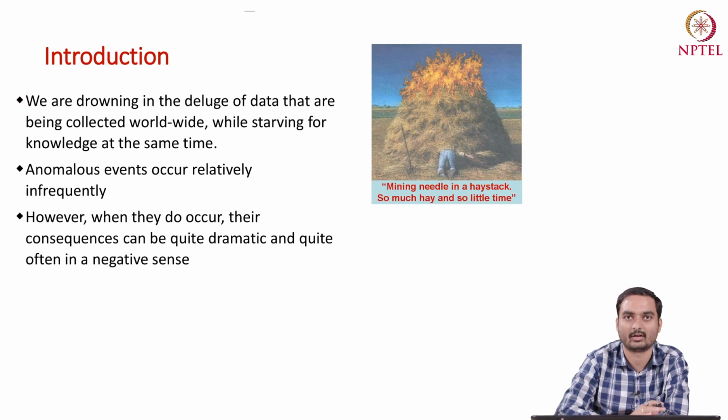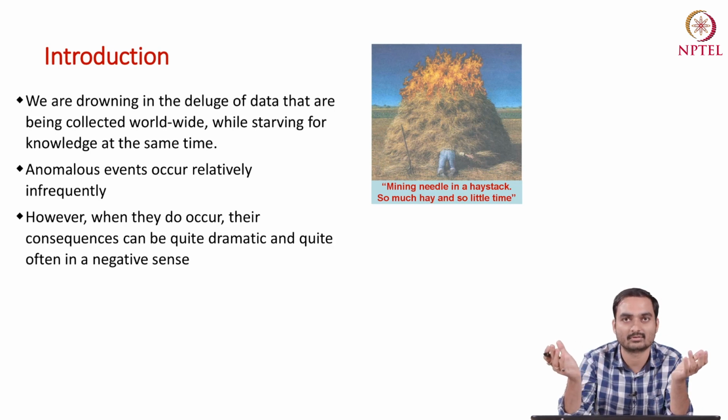If you look at the anomaly detection problem in general, it is basically about identifying rare, infrequent events. When we talk about infrequent or rare events, if you look at the entire population, for example Twitter or Facebook, there are millions of users and billions of relations.